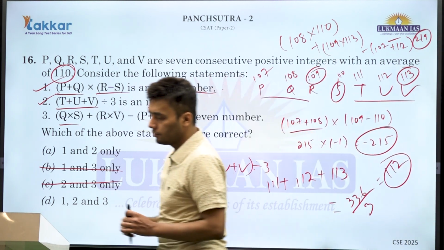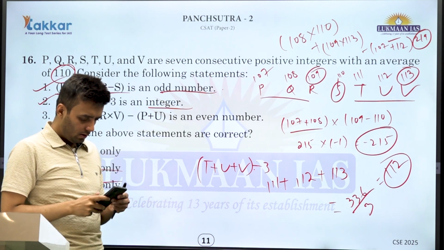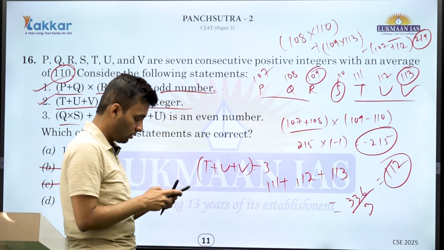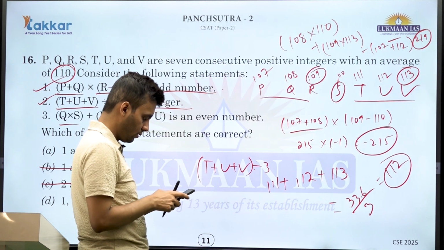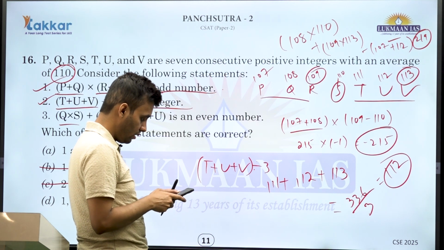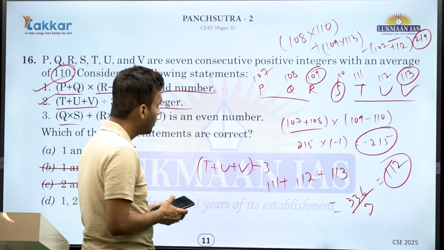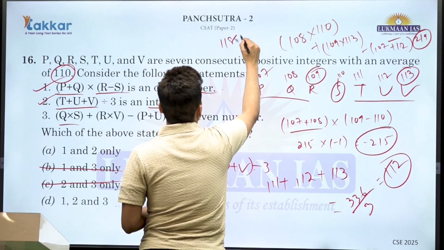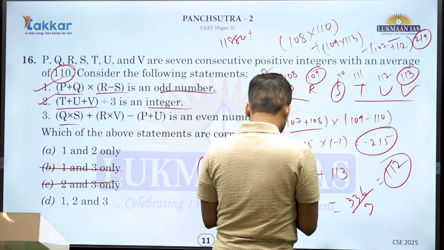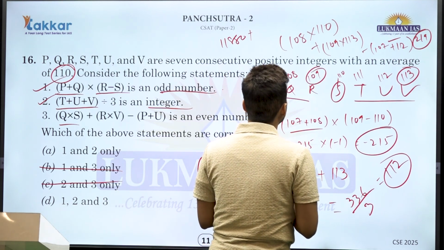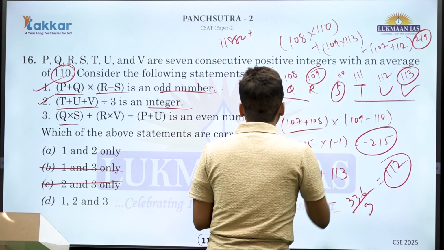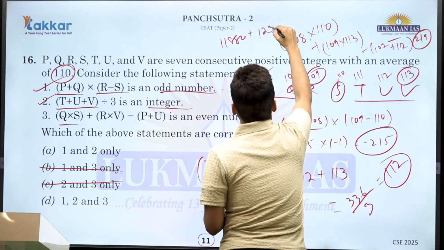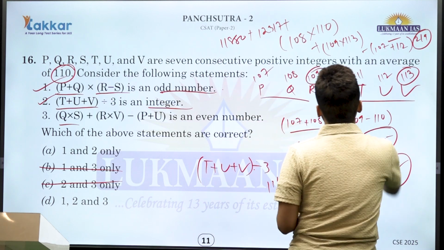Now we will just do the calculation. How much? 108 into 110 is 11,880, plus 109 into 113, that is 12,317, plus 219.